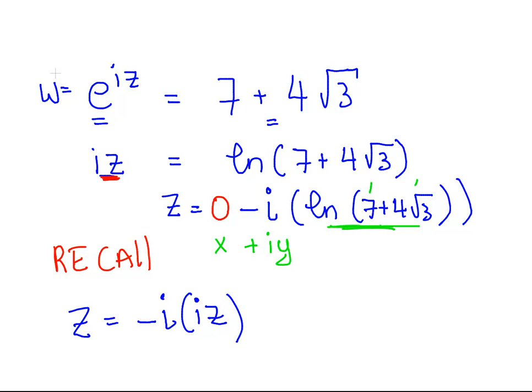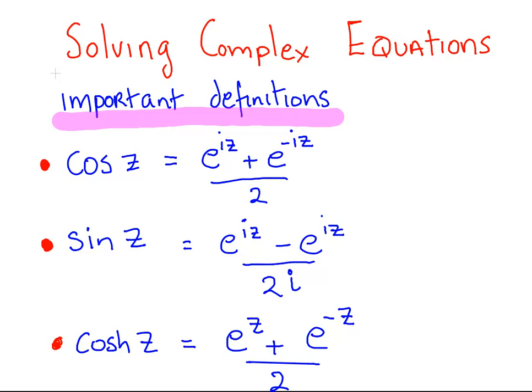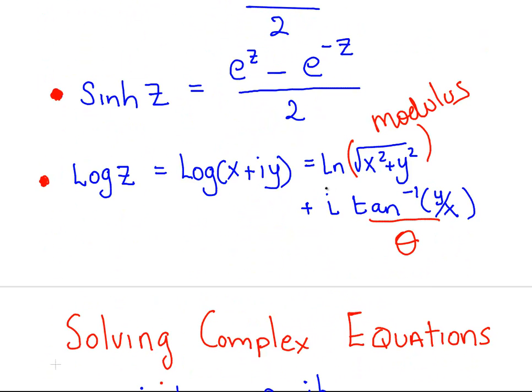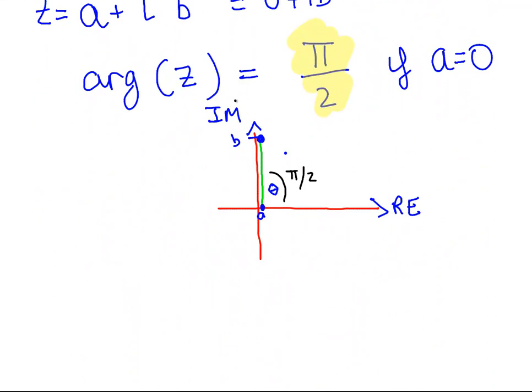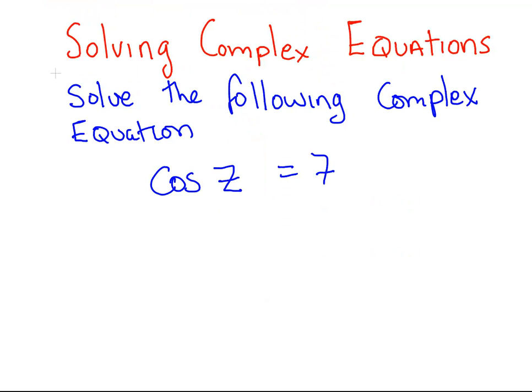What we can do now is use that expression I used at the start: the log of the modulus plus i times the argument. Now remember, we got a negative sign here, so it's a minus y value, so we're going in the opposite direction. A is still 0, so it's minus pi over 2 this time. That's an answer that we should get.